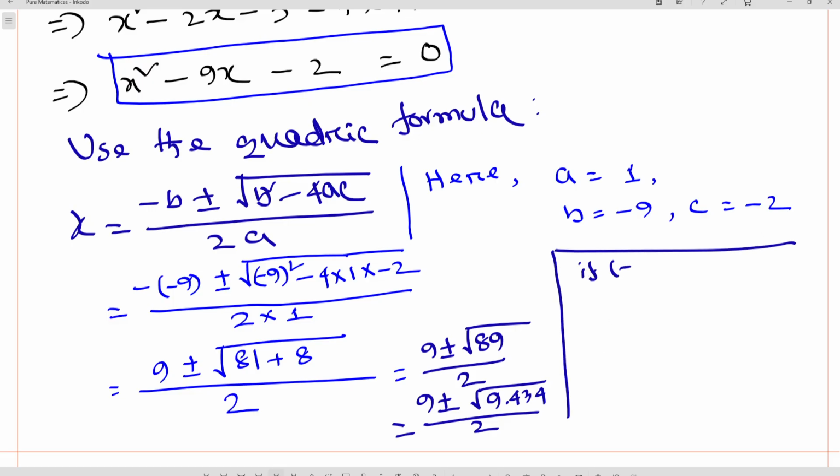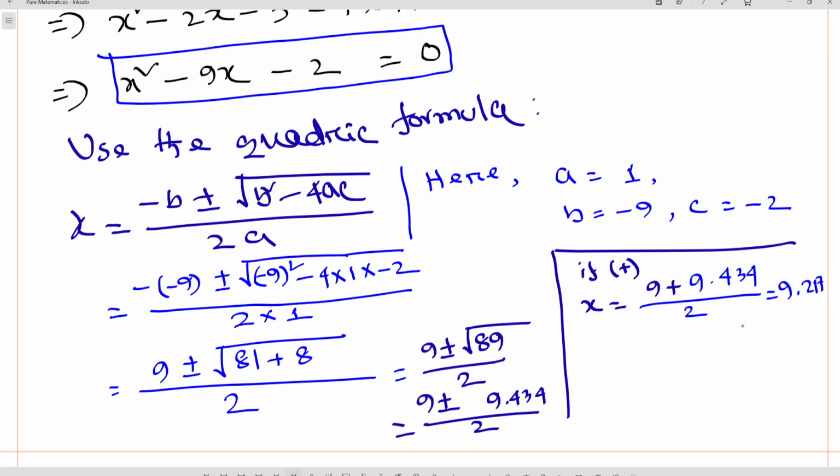If positive, then x equals 9 plus root 89, which means 9.434, divided by 2, and finally this one is 9.217.